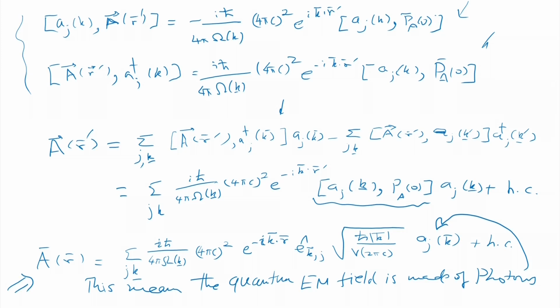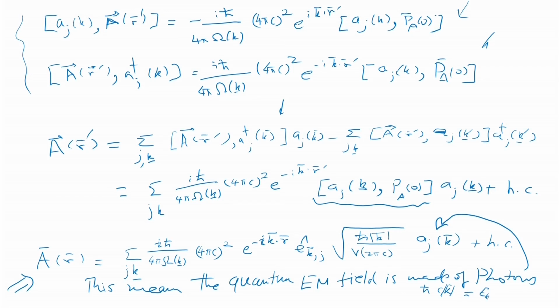The energy of each photon with momentum k and polarization j is basically ħck. Yes, ħk is the momentum, and momentum times c, the speed of light, is the energy. So that's my energy of the photon.